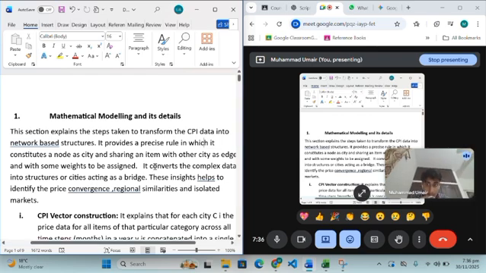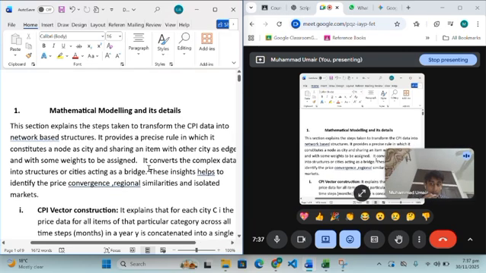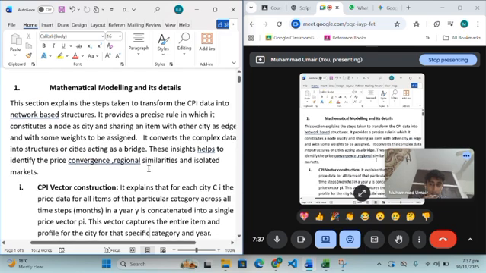It is a precise rule which treats a city as a node and sharing an item with another city as an edge. It converts the complex data into structures with cities acting as bridges. The benefits are to identify the convergence of prices, similarities, how much a city shares with other regions, and isolation, if there is any, between two cities.